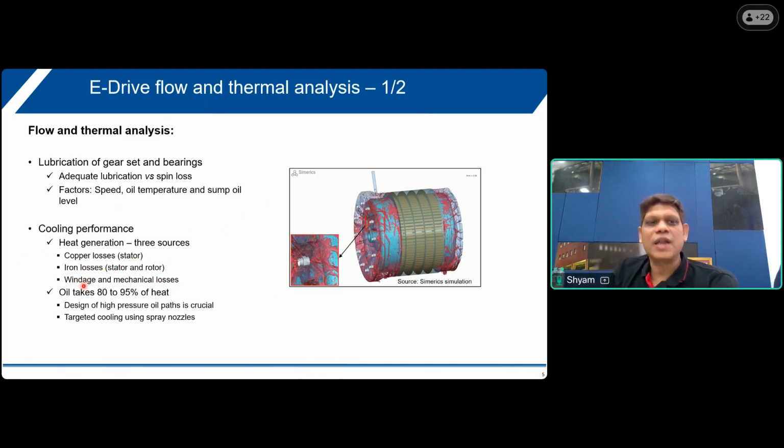The oil, which we are directly pouring over the different components, takes almost 80 to 90% of the heat. So definitely, we need to take care of how efficiently we design this oil path. The third is targeted cooling of the different components using spray nozzles. This is a very crucial part which we need to understand from the current design and improve upon.